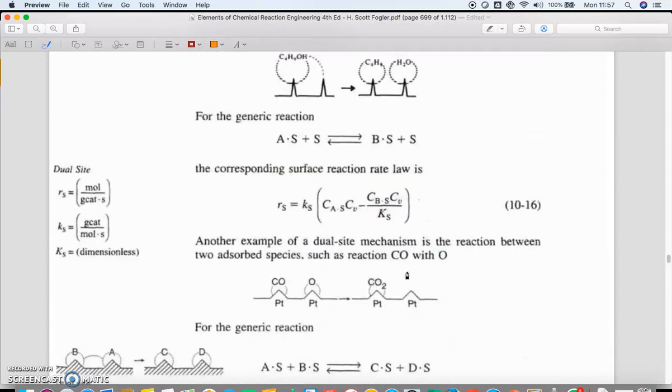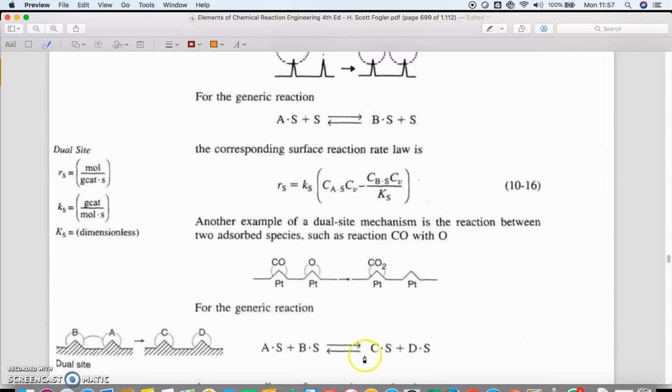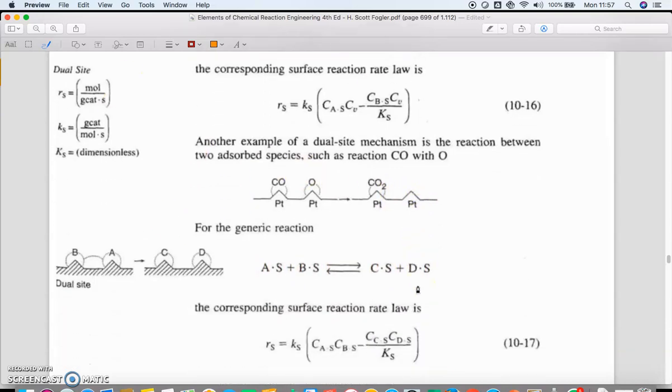But if it involves two reactants and also two products, it can also be a dual site. For this kind of reaction, the rate law will be rS equals kS times CA dot S, since A is attached on S, and then CB dot S, similarly CC dot S and CD dot S, over capital KS.